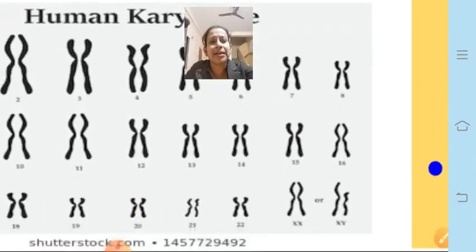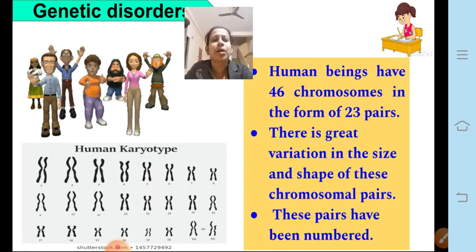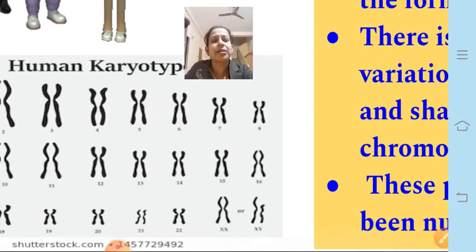Each pair is numbered 1, 2, 3, 4, like that up to the 23rd pair, and the 23rd pair is shown here for the male as well as the female. So 22 pairs out of these 23 pairs are called autosomes, whereas the last pair, the 23rd pair, is called the sex chromosome, which determines the sex of an organism, whether the person will be a male or a female.